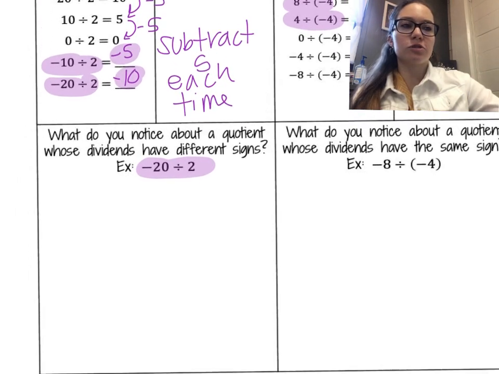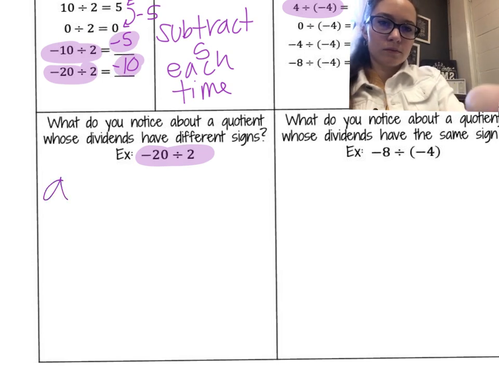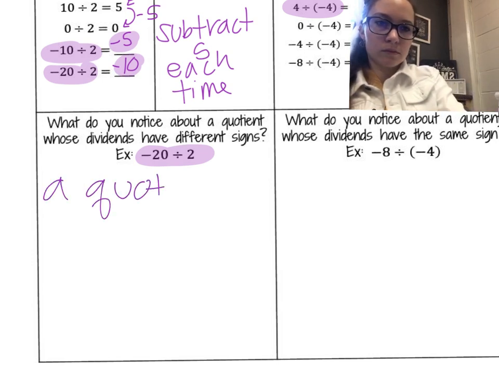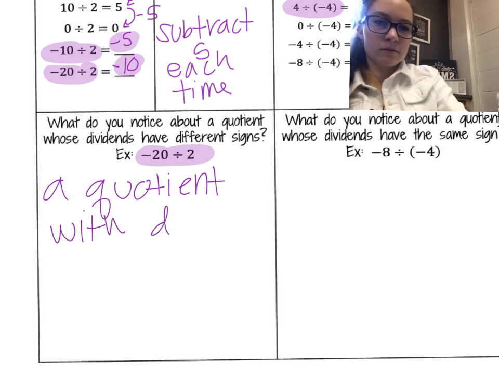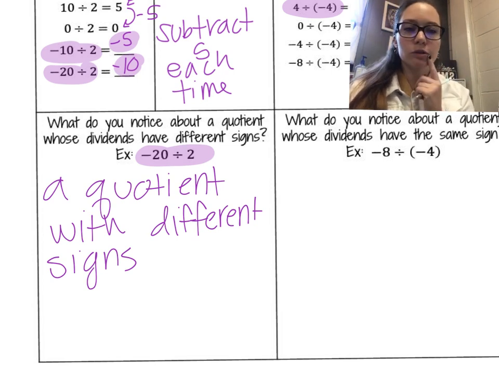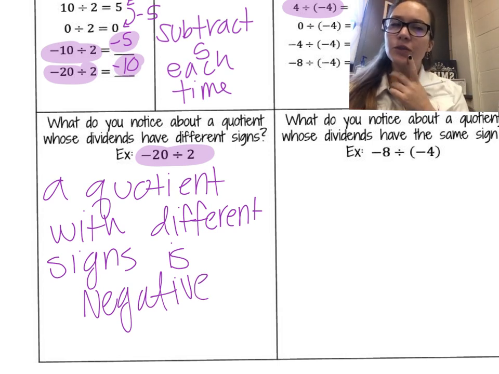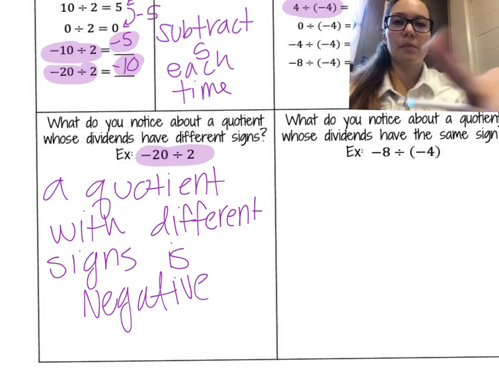So we're going to say a quotient with different signs, and we saw that the quotient was negative. So different signs we're seeing is negative.